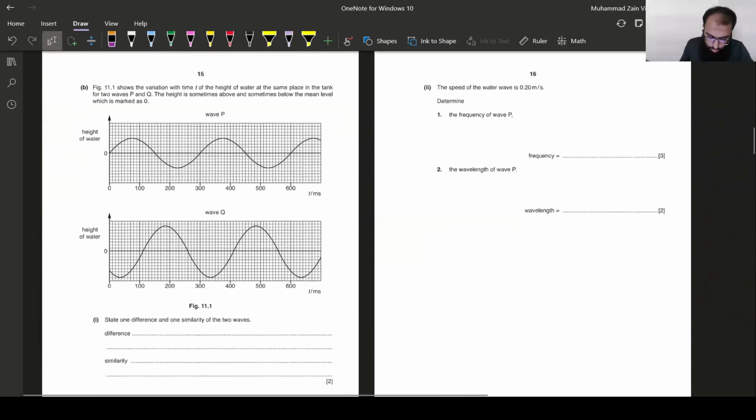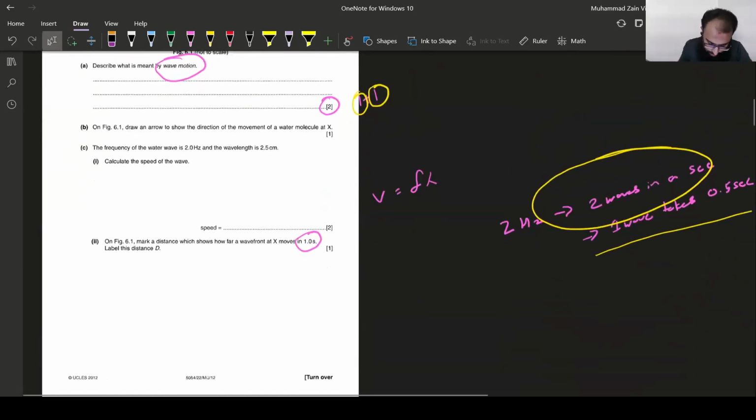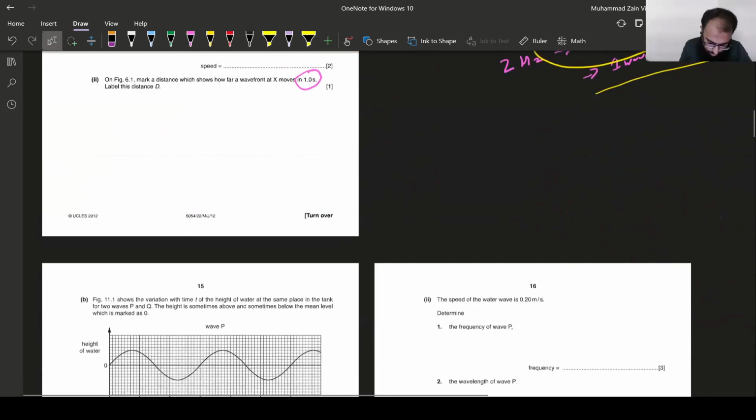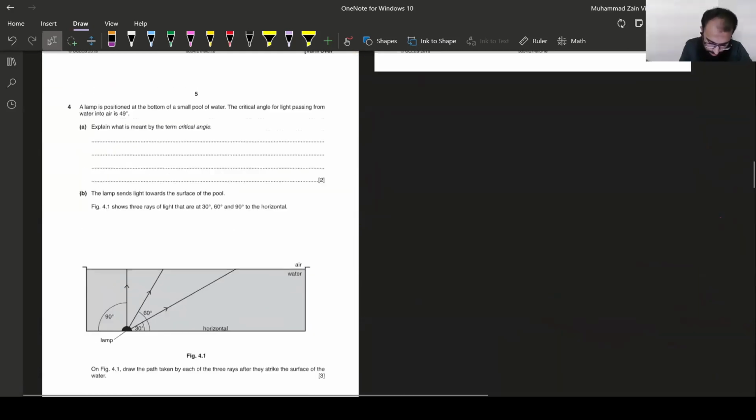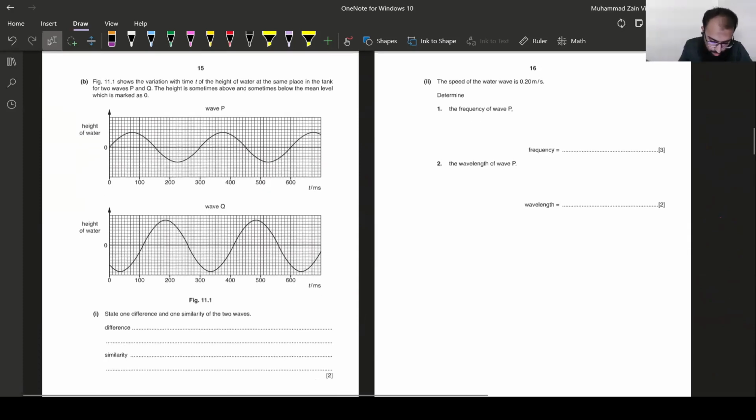Okay, so similarly, another question, which is I think the continuation of the previous one. Oh no, that's an entirely separate question. Cite one similarity and one difference of the two waves. First they've asked about the difference.